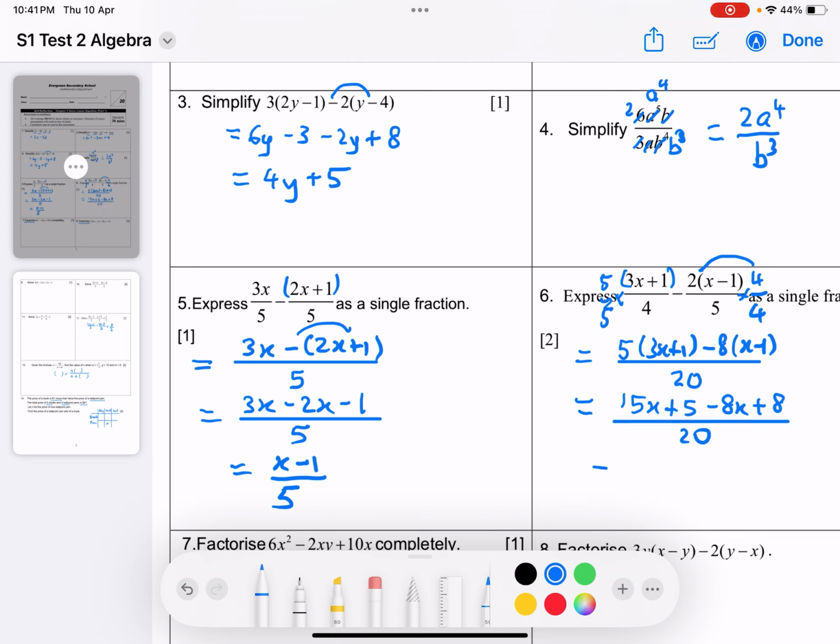Now collect like terms. 15x minus 8x is 7x and plus 13 over 20.